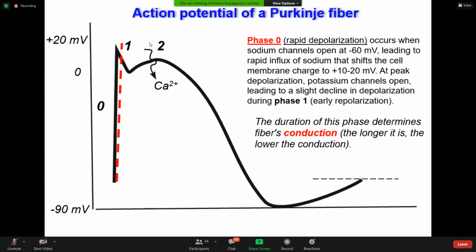On this slide, you can see the action potential of Purkinje fibers. And so we'll speak about the zero phase. It is called rapid depolarization.